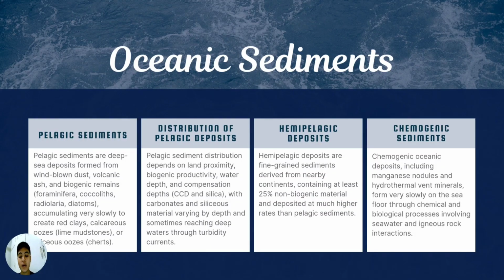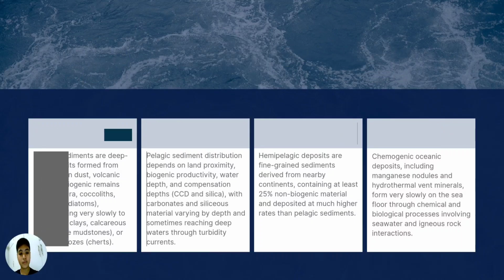Hemipelagic sediments mix these tiny remains with more rock particles from continents, so they build up faster than pelagic sediments. Another type is the chemogenic sediments, formed through chemical reactions on the ocean floor, producing minerals like manganese nodules near underwater volcanoes. The type and location of these sediments depend on factors such as distance from land, the water depth, and how many tiny sea creatures live in the area.